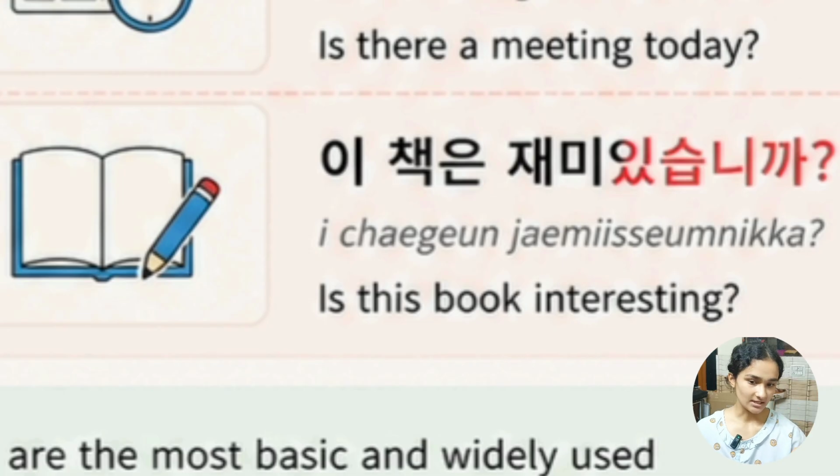So again, 재미있다. The 있 part has a consonant ending, so we are going to use 습니까 instead of 배웁니까, and we're asking a question, that's why we use 니까, right? So is this book interesting? 이 책은 재미있습니까? So you would probably answer yes, the book is interesting. So 네, 이 책은 재미있습니다. Or 아니요, 이 책은 재미없습니다, that we have learned 없다, to not have, right?